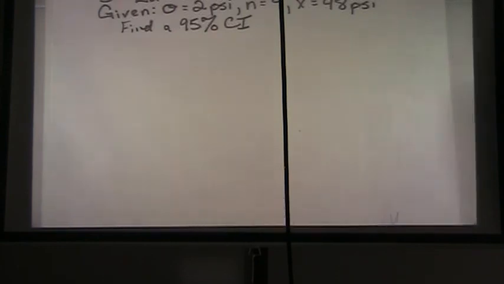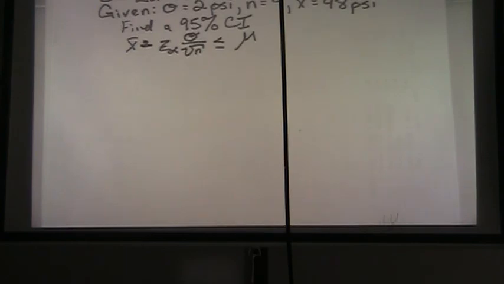All right, so of course that is going to be of the form x bar minus z alpha times standard deviation divided by square root of n is less than or equal to mu.